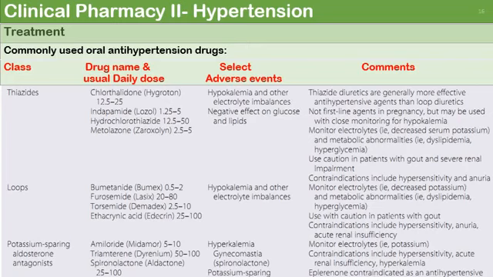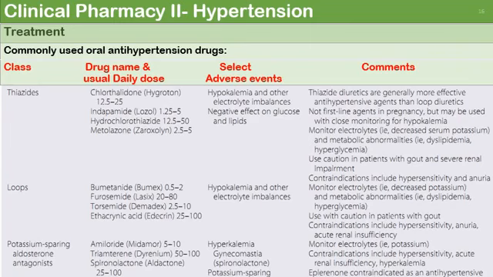We should always monitor electrolytes, especially potassium, and any abnormality in lipids or hyperglycemia. Use caution with gout and renal impairment. Contraindications: hypersensitivity and anuria.